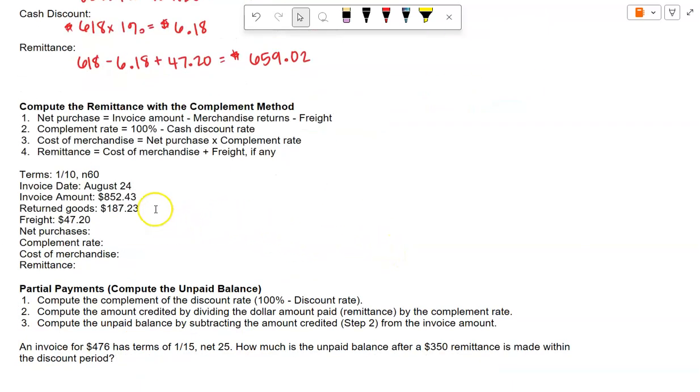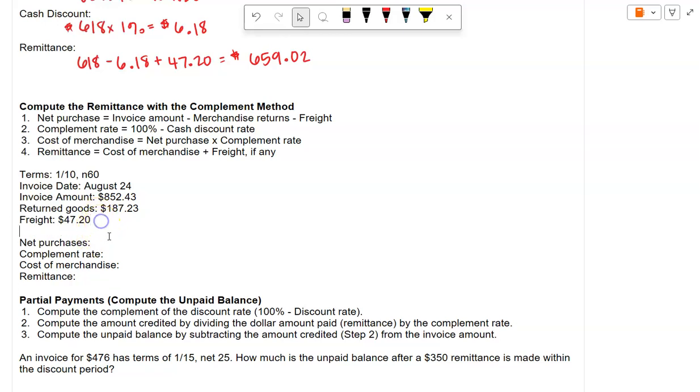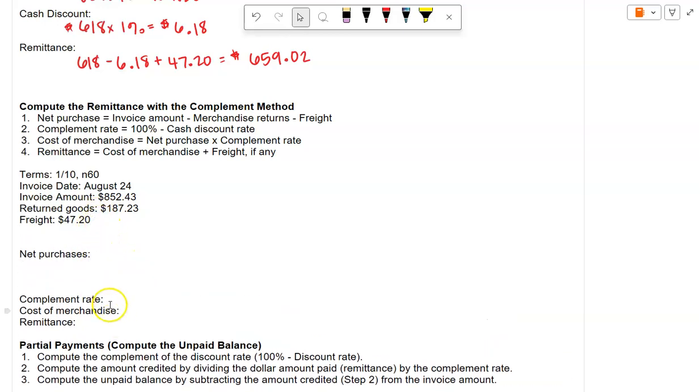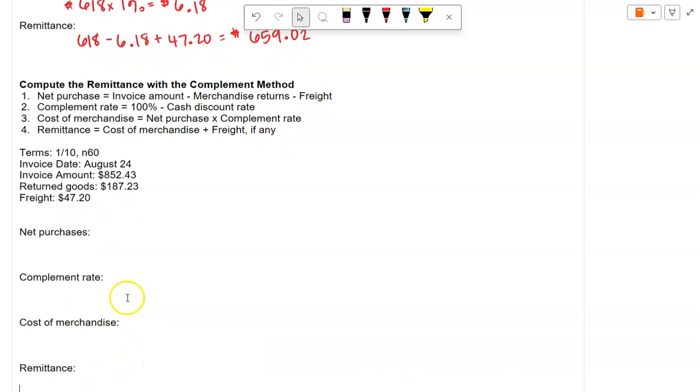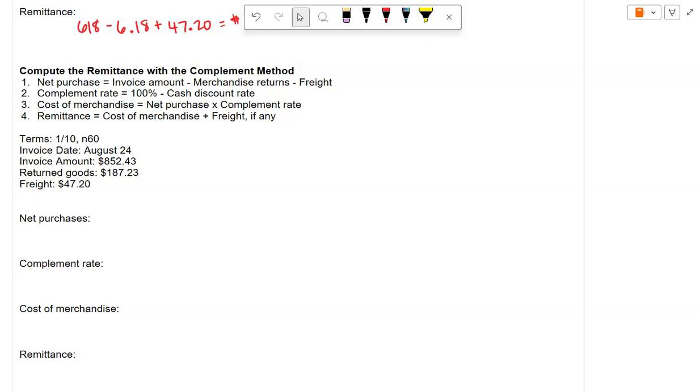Okay, we can do the same thing by calculating it with our complement method. And again, I'll just make some space here. Okay, so here again we have that 110 net 30, 110 net 60. We have the same date of the invoice, the same invoice amount, return goods and freight charges.